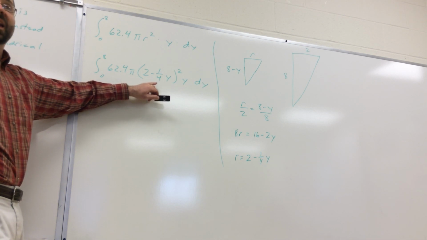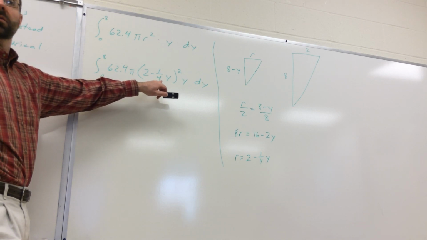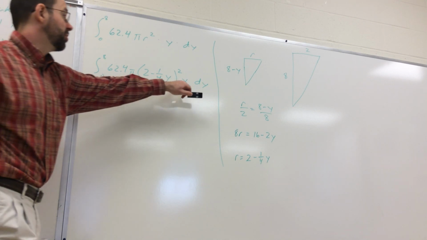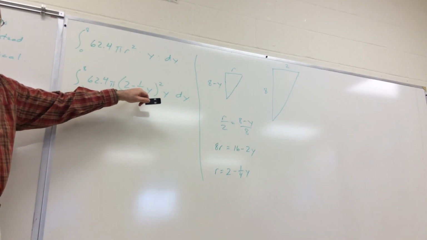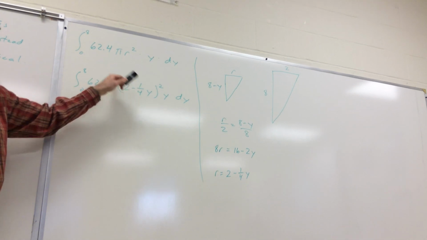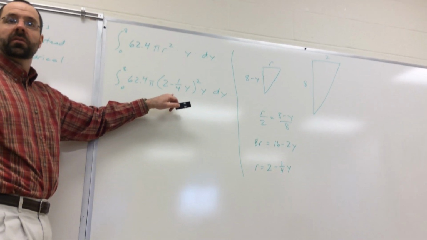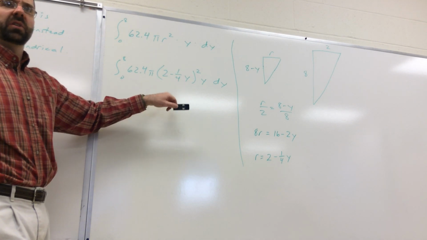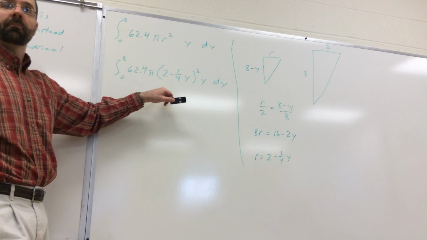If we were going to do this by hand, we'd have to square this out and then distribute the y. I would take the 62.4 pi out front. But you want to practice your algebra some of the time, but it's also okay to do math by machine some of the time.